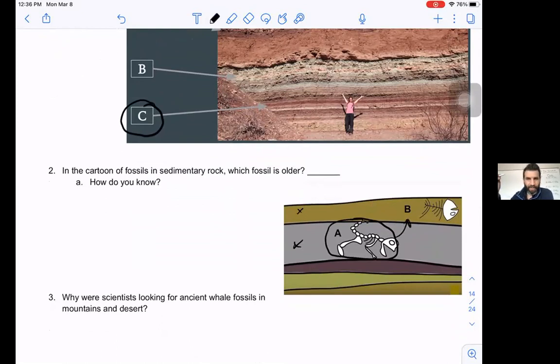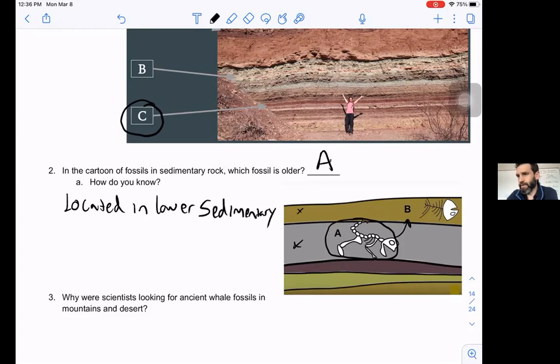There's no other way for that fossil to get into that layer of rock. So we know that A is older, and that is because it is in a lower sedimentary rock layer.